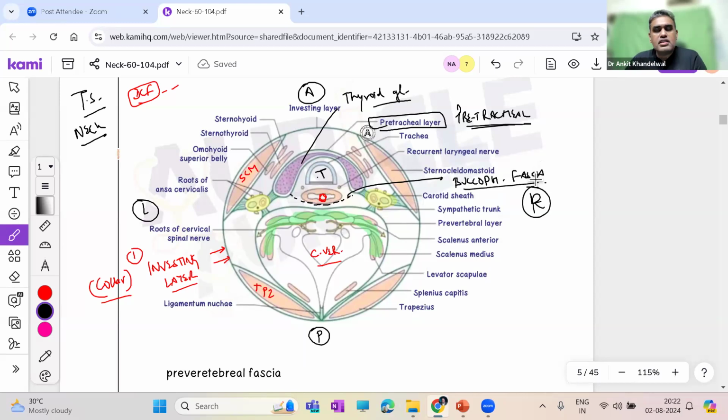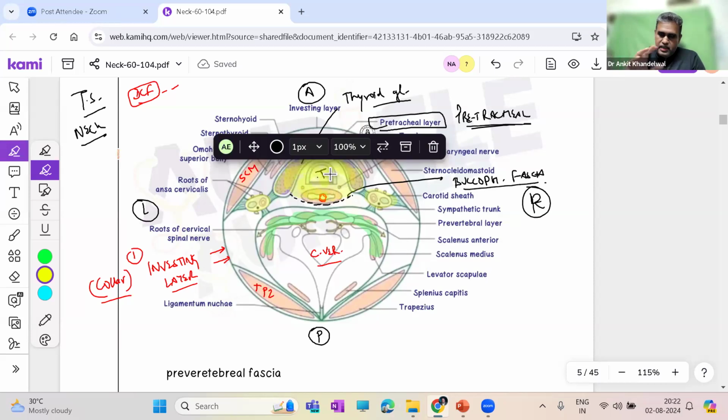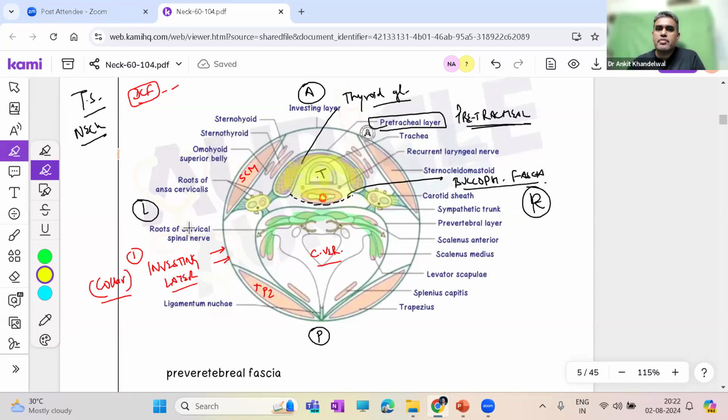So we have a pretracheal layer which is also covering behind the esophagus or the pharynx. We call it buccopharyngeal fascia. Actually, this whole area is under the pretracheal fascia, which includes the thyroid gland, trachea, esophagus, mainly these structures. I hope you're getting the point.